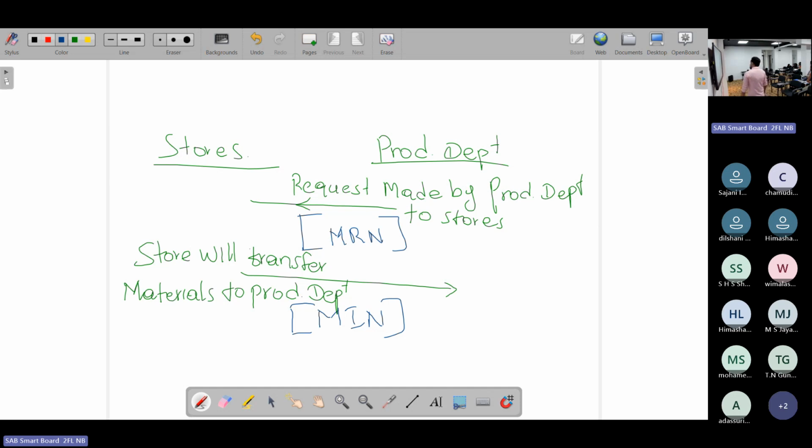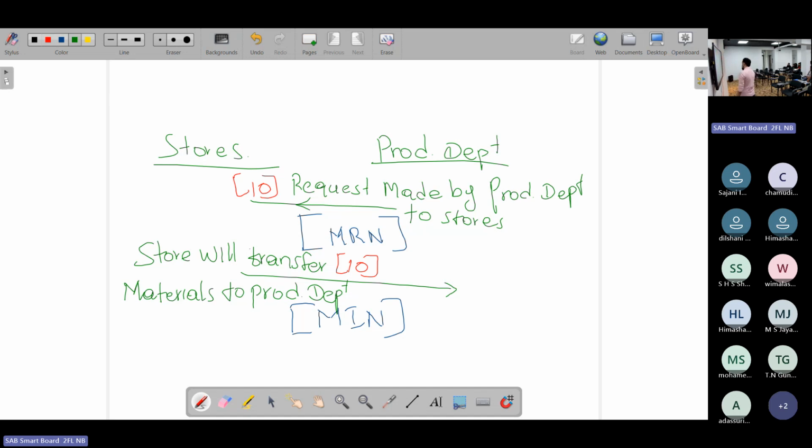Okay, so let's say they have requested 10 items. Here also they have transferred 10 items. Now the production department thinks we don't need 10 items. 8 items are sufficient for this production.